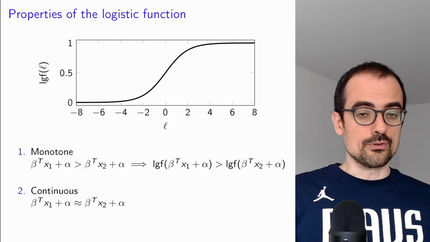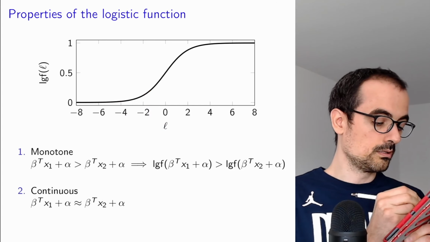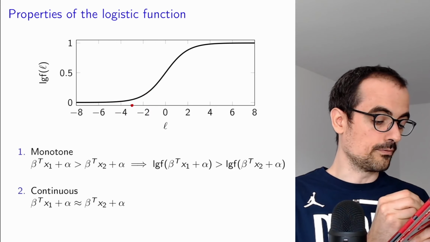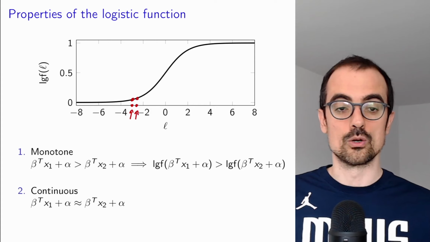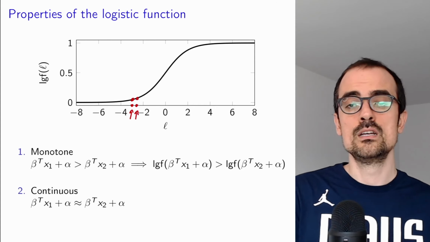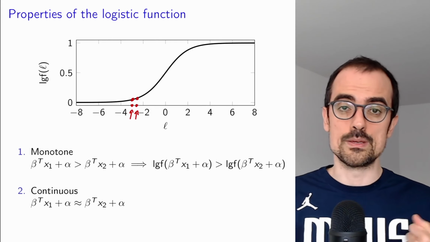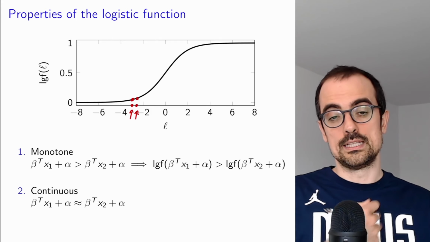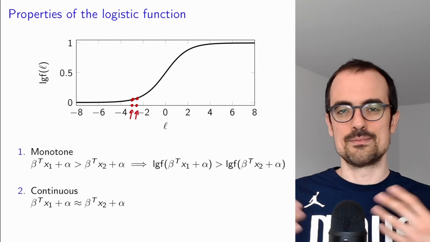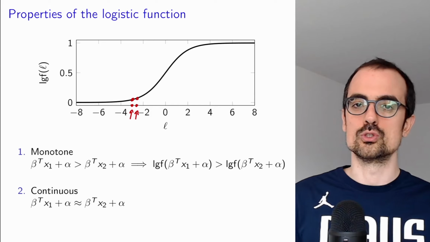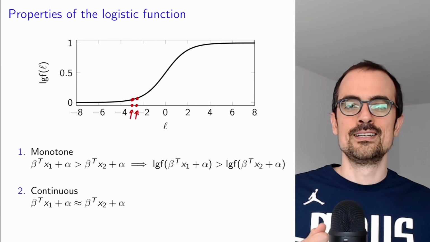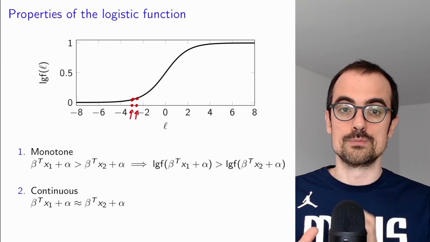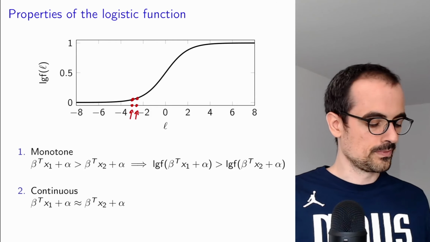Apart from that, it's continuous. So if we have two values that are very close in terms of the linear function, then the corresponding probabilities are also going to be very close. I should have said also that it's differentiable, which is important because later on we're going to see that we want to maximize a certain likelihood function in order to learn these parameters from data, and for that it's important that the whole model be differentiable with respect to the parameters that we want to learn.